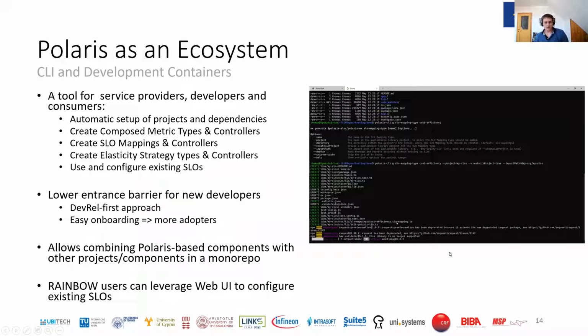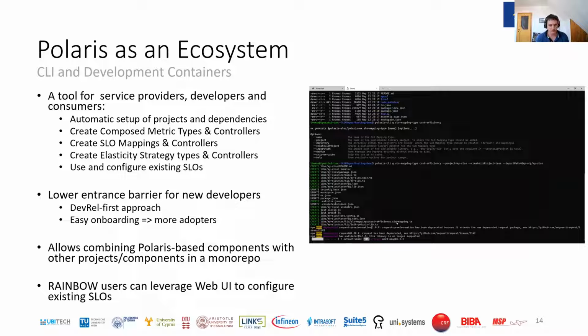So Polaris can be used as a development ecosystem, actually, because it comes with a very powerful CLI and with development containers. With the CLI, service providers, developers, and consumers can generate all the mapping types and controllers and they just need to implement the business logic. This helps us lower the entrance barrier for new developers, and this easier onboarding will hopefully lead to more adopters so that we can further evolve Polaris as time goes on.